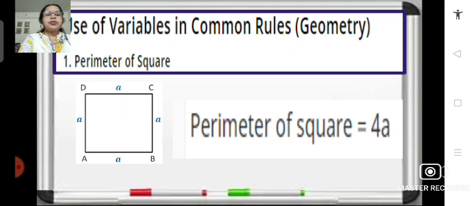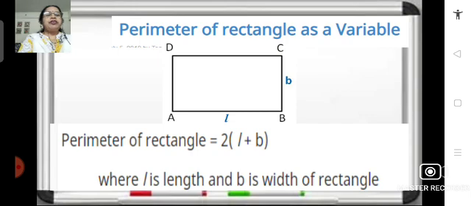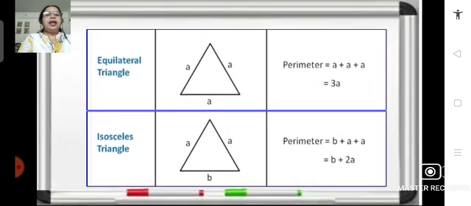Like perimeter of a square, we express perimeter of the square as 4 into a, where a is the side of the square. Then perimeter of a rectangle using variables is expressed as 2 into (L plus B), where L is the length and B is the breadth or width of the rectangle. And for an equilateral triangle, we use variable a for the side, and what formula do we make?